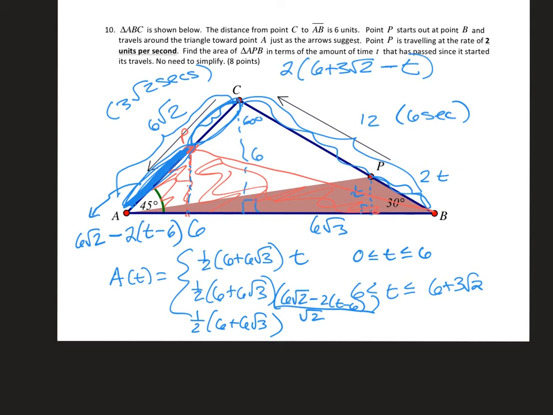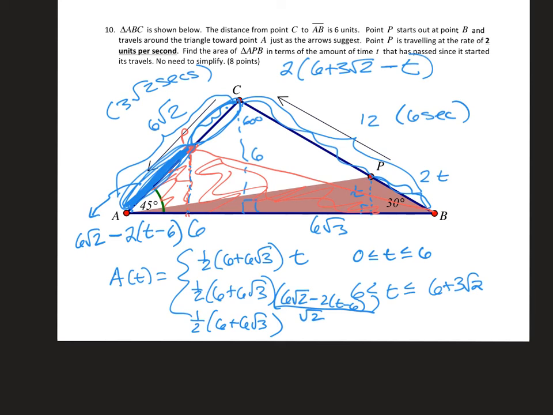Instead of doing the total distance minus rate times time of just that little piece, I could do the whole thing at once. The rate is 2, and to find the time associated only with this piece, it would be total time minus t.